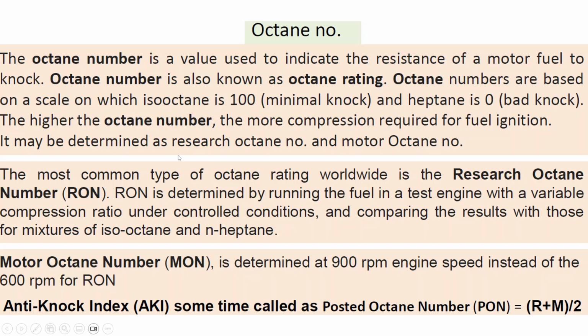The motor octane number follows the same procedure, but is determined at 900 rpm engine speed, whereas the research octane number is determined at 600 rpm. The anti-knock index can also be calculated by the formula (research octane number plus motor octane number) divided by 2.